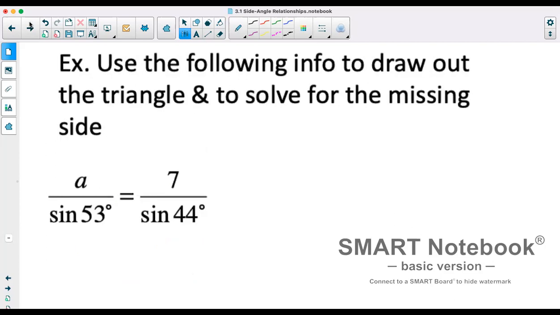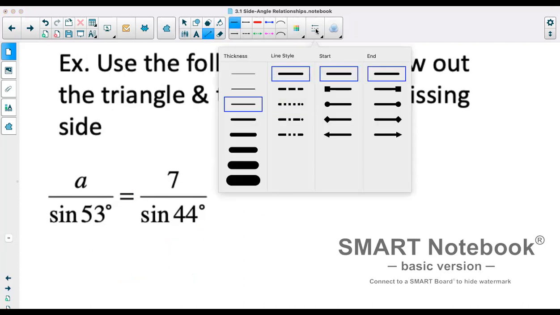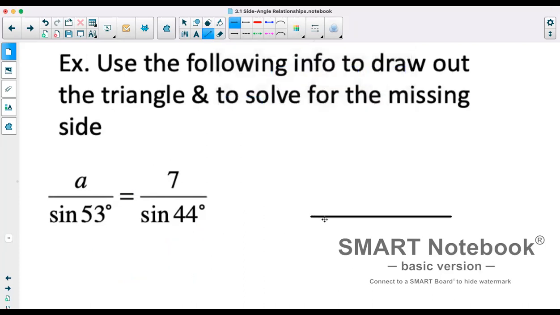First example: use the following info to draw out a triangle and to solve for the missing side. We have A over sine 53 equals 7 over sine 44. I'm just going to draw out a triangle.